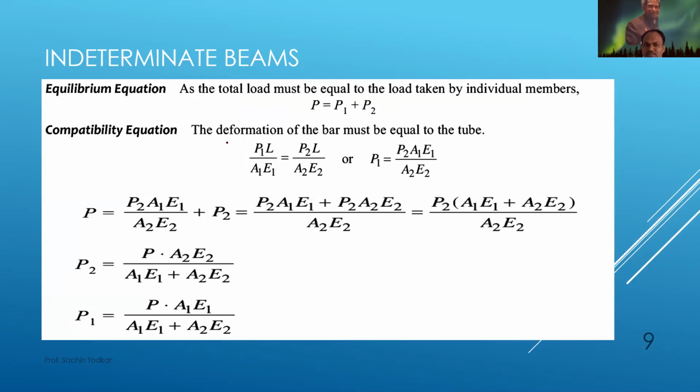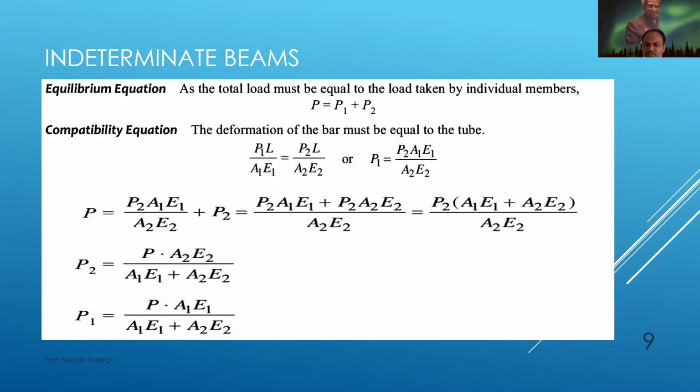The compatibility equation: the deformation of the bar must be equal to that of the tube. So the deformation P1 L1 upon A1 E1 is equal to P2 L2 upon A2 E2. Here L1 and L2 are the same, so it is written as L, and by simplifying we get P1 is equal to P2 into A1 E1 divided by A2 E2.